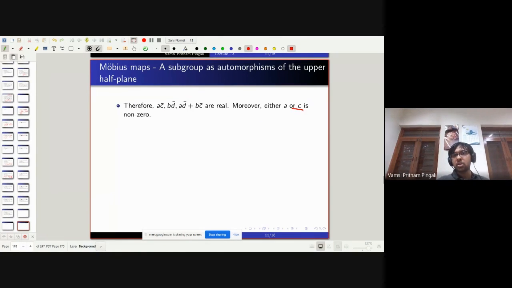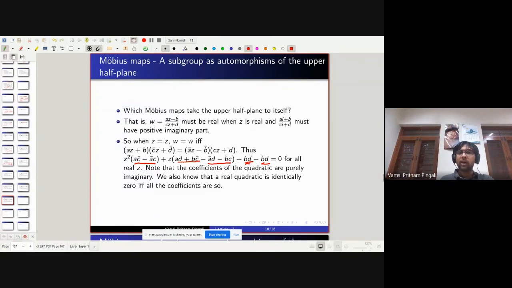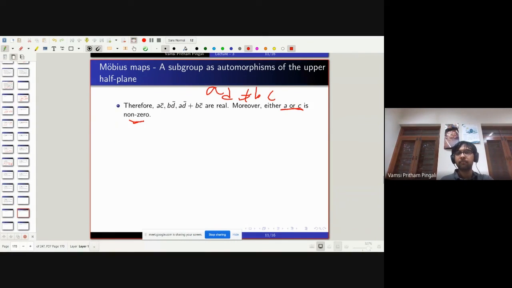Moreover, one of these is non-zero because AD should not equal BC. If both of them are zero, then you're in trouble, right? So without loss of generality, you can divide by A to begin with and assume that it is 1. That means C bar is real, so C is real, B D bar is real, and A is 1, so this is real.